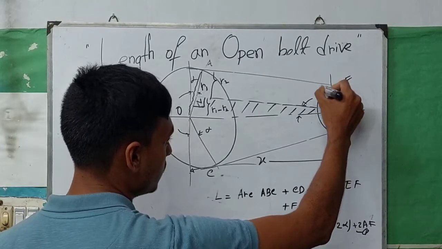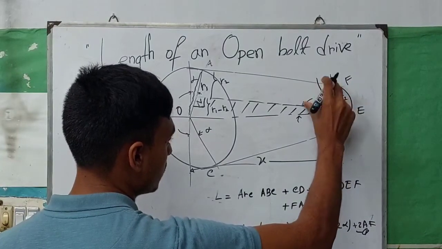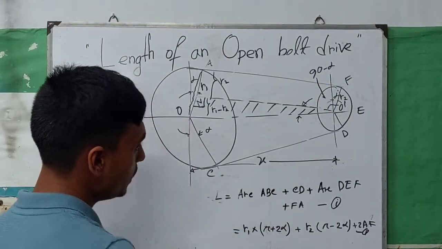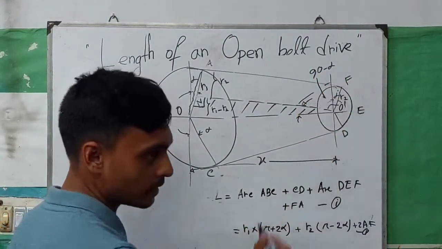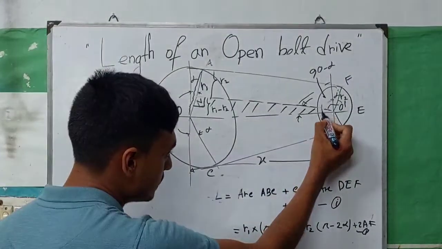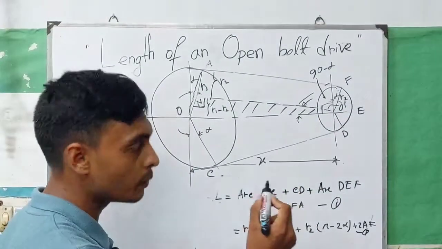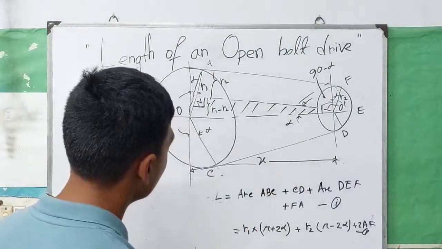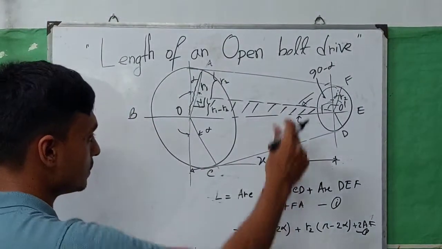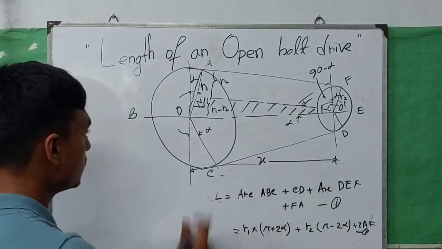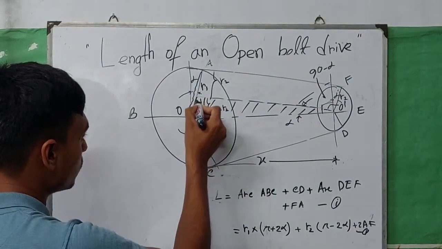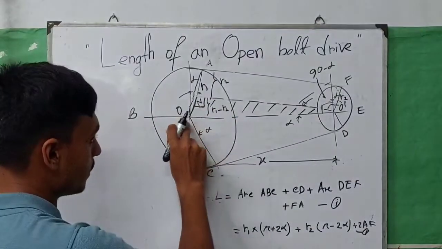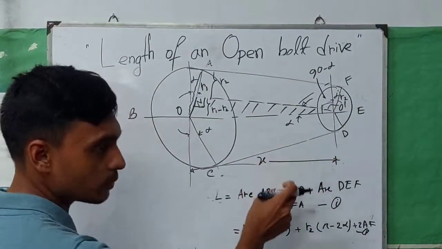That means this angle is 90 minus alpha. If this angle is 90 minus alpha and this angle is 90, we can easily say that this angle is alpha. So now we are clear that this is angle alpha, and this distance ON is equal to R1 minus R2, and OO prime is equal to x.